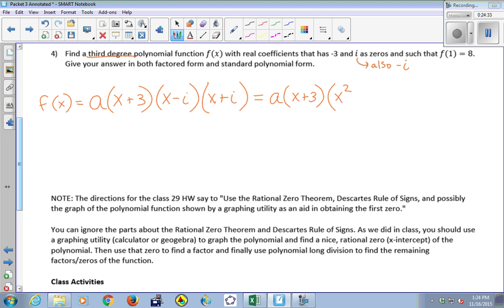So the outer and inner terms just cancel. And then I have minus i squared. If you think back several classes, i squared is actually the number -1. So this is minus -1. So this is a times x plus 3 times x squared minus -1, which is plus 1.